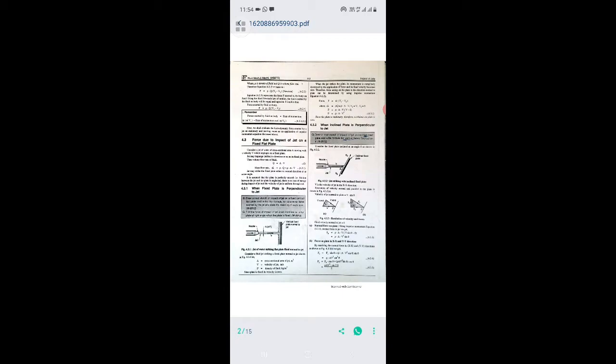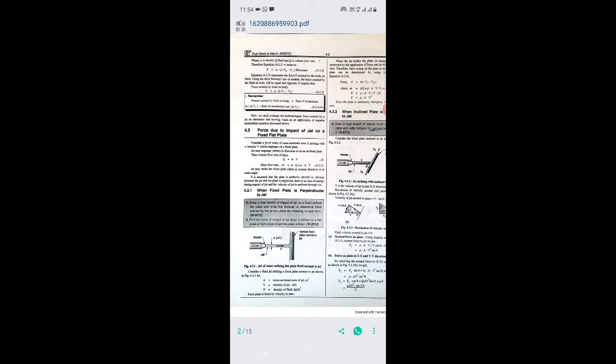It is assumed that the plate is perfectly smooth and friction is zero, so there is no loss of energy during the impact of jet and velocity is uniform. So next is case first. Firstly draw the diagram. There is a nozzle, with the jet striking on the plate. Firstly draw the figure.